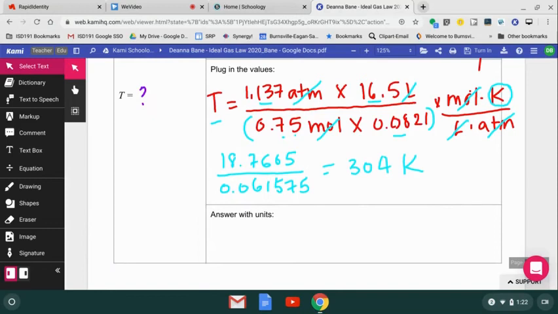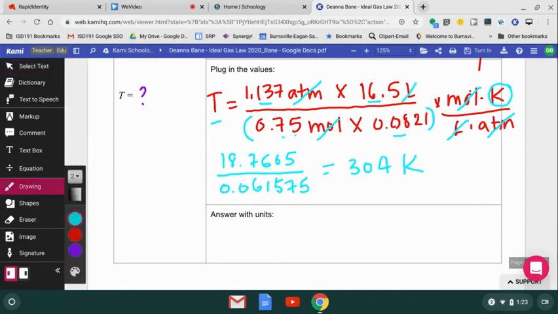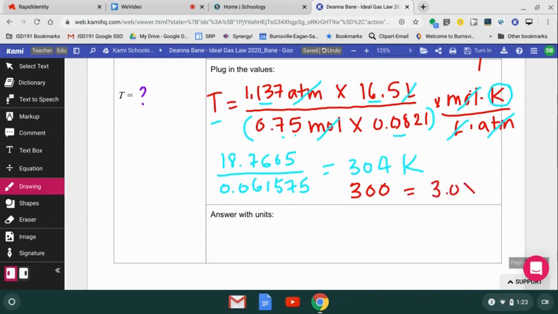So at this point, I would allow you to keep 304, even though that's 3 significant figures, because the problem is if we try to round it to 2 significant figures, we get 300, which is technically 1 significant figure. So the only way to write 304 with 2 significant figures is to do it with scientific notation, which would be 3.0 times 10 to the second.